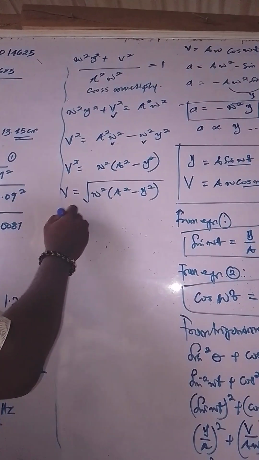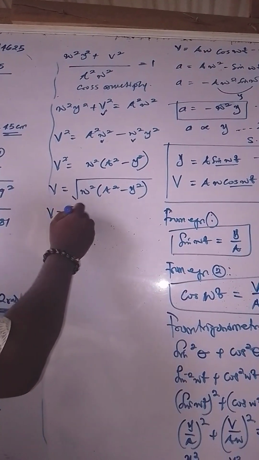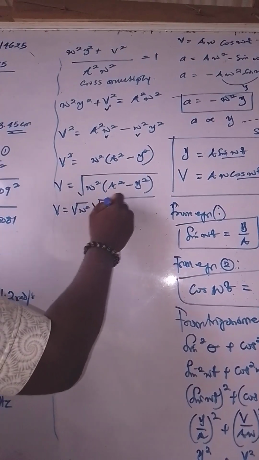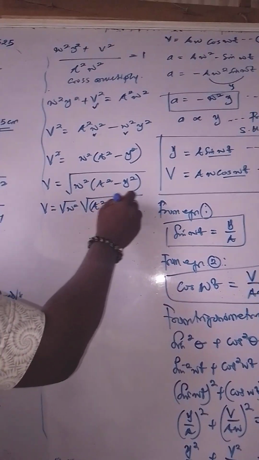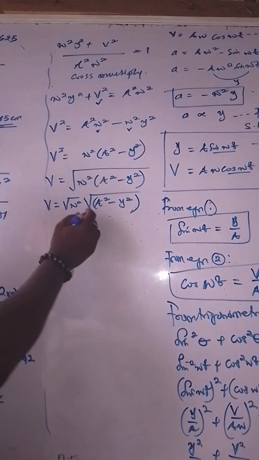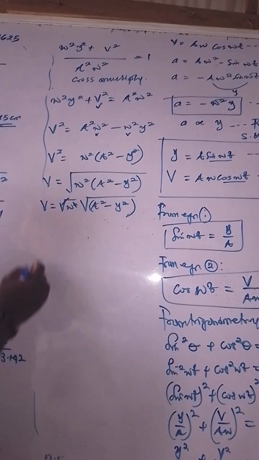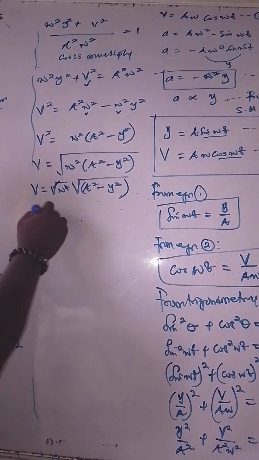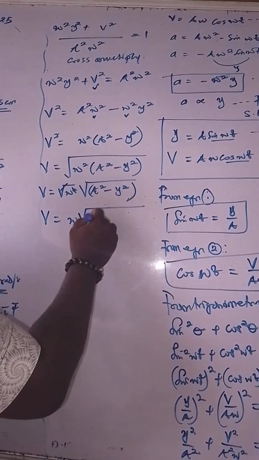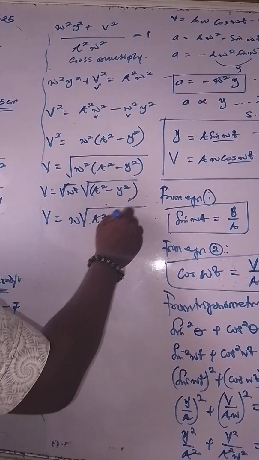We can say square root of omega square, expressed further as square root of a square minus y square. What is the root of omega square? The square cancels the root. So our v is omega square root of a square minus y square.